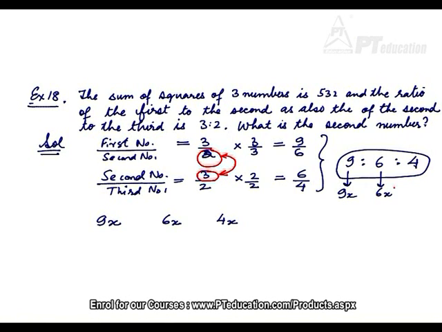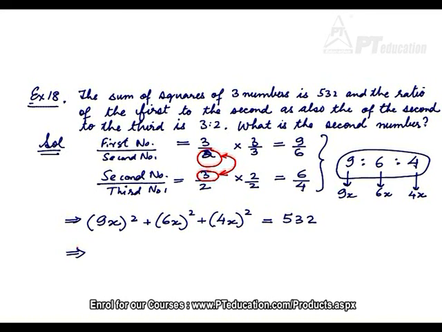So the numbers will become 9x, 6x, 4x. We put x, y, a, b, c, whatever. But to make the equation, the sum of squares of three numbers: 9x whole square plus 6x whole square plus 4x whole square is given to us as 532. This is the equation.